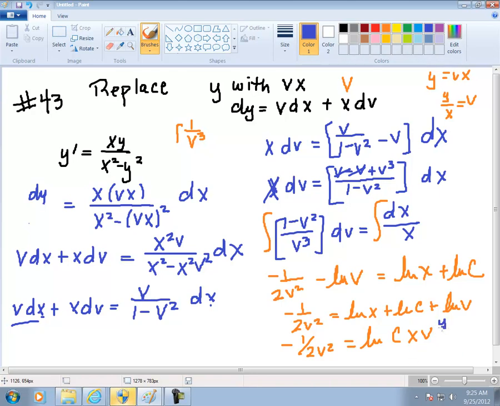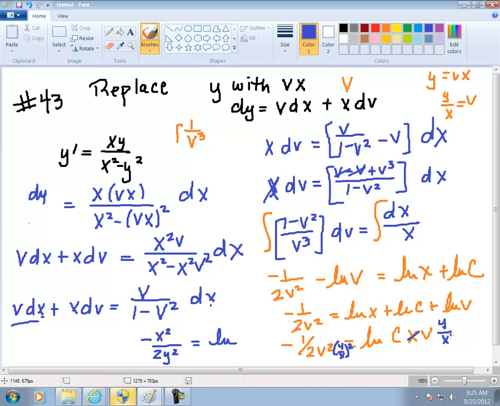So this would become y over x, and this would become y over x squared. Now because this is in the denominator, it kind of flips around, and this term right here will become minus x squared over 2y squared, and that is going to be equal to the natural log.